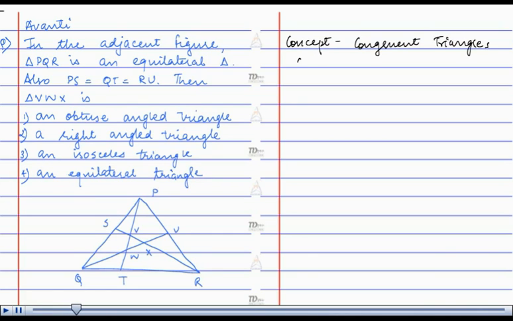Consider triangle PQT, triangle QRU and triangle RPS.